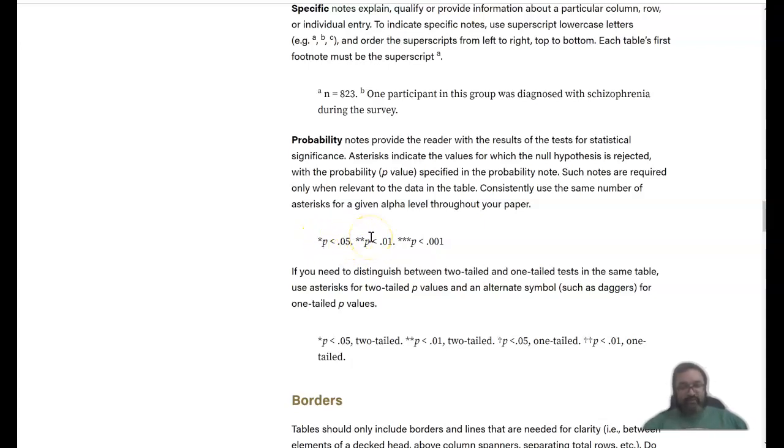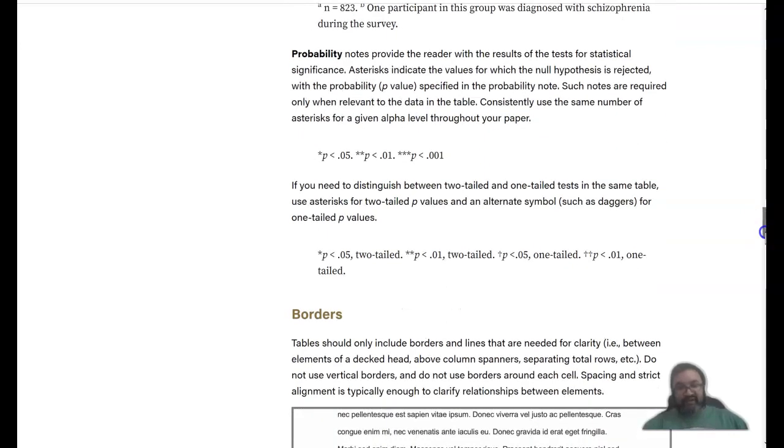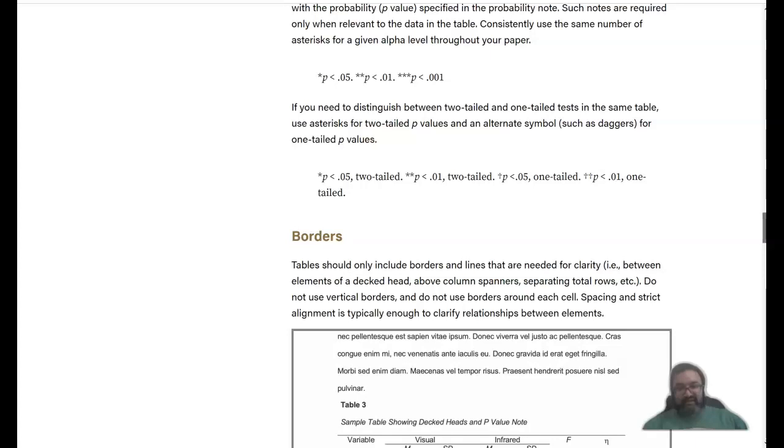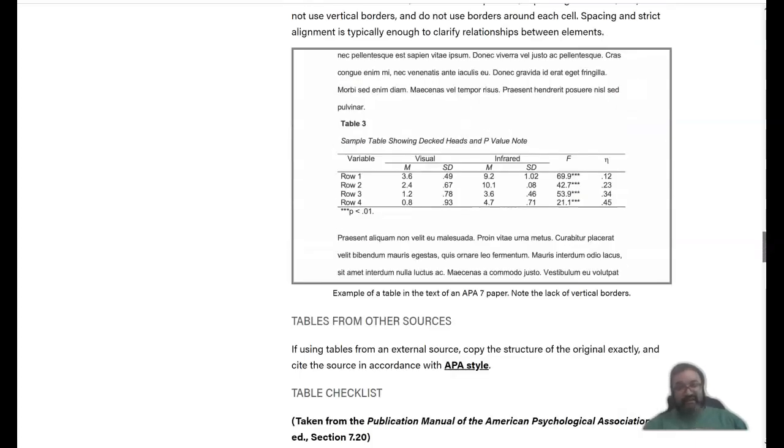And then if it's p less than 0.01, this is a double asterisk, and then p less than 0.001 is a triple asterisk. And then if you want to distinguish between one-tailed, two-tailed, things like that, you write it the same way, and the p there is italicized.